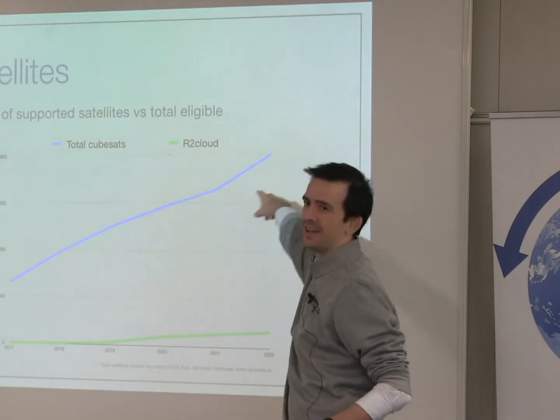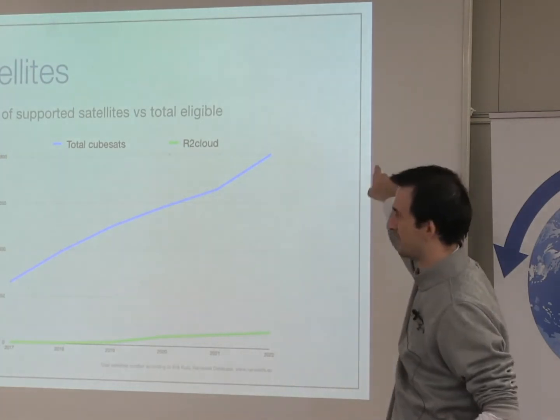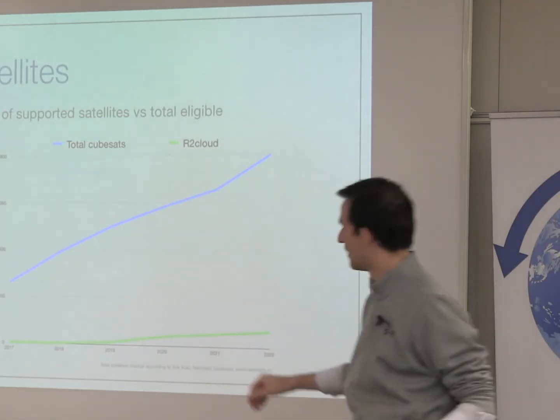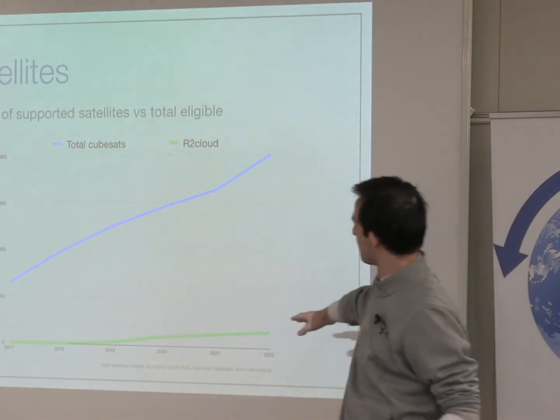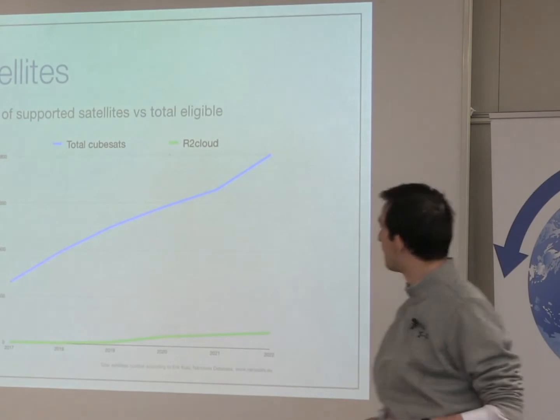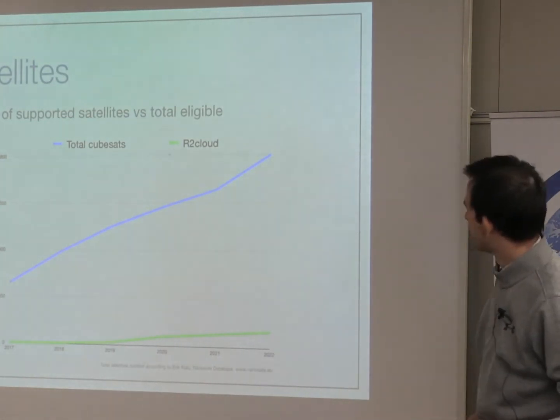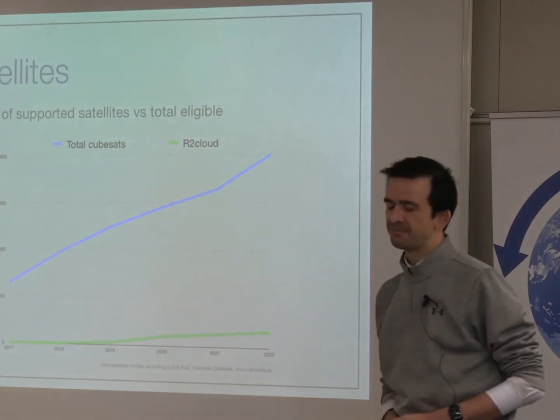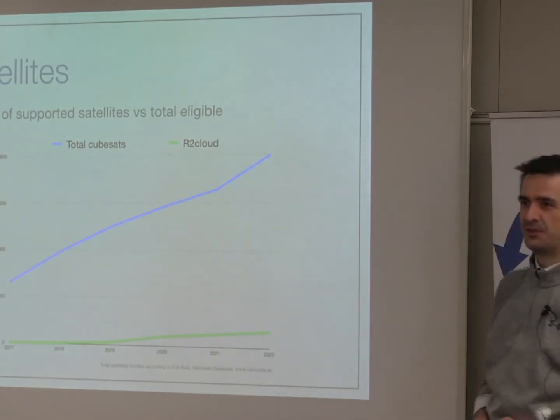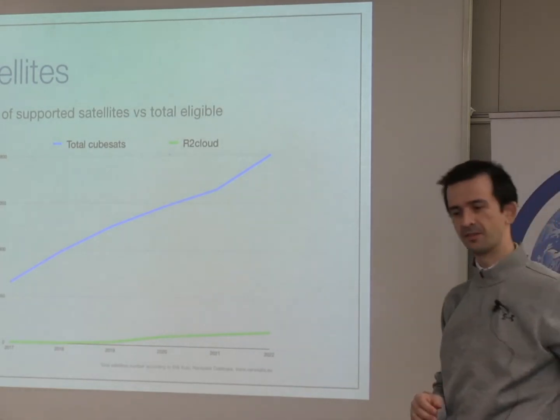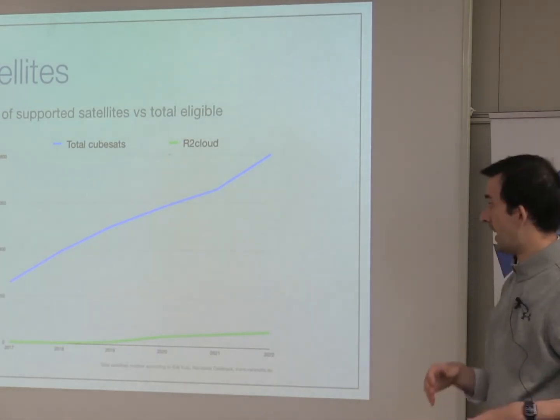But the blue line is how many CubeSats there are, according to the NanoSats database. So I have plenty of room for onboarding, and I realized it would be hard for a single person to do that work, because satellites, especially CubeSats, are constantly launched, constantly decayed, and they need to be managed.